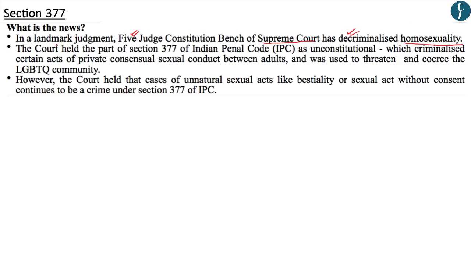Now the Supreme Court has held that part of section 377 of the Indian Penal Code is unconstitutional. This is a fact that you should remember: section 377 is part of the Indian Penal Code.